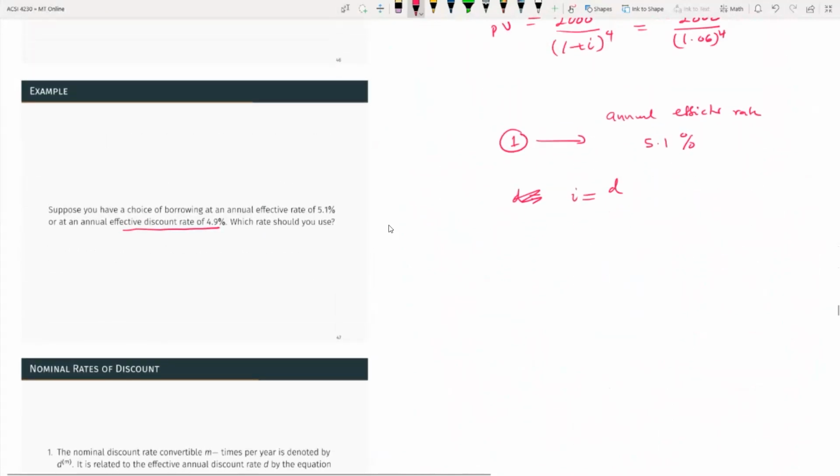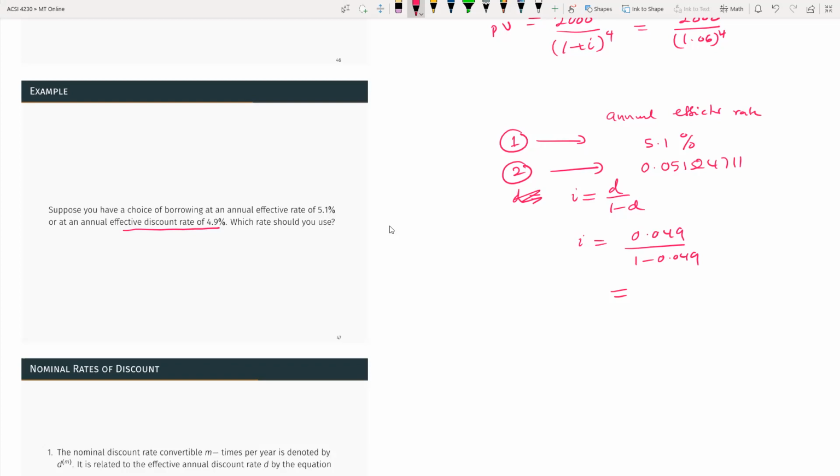So i equals d over 1 minus d, and d is given as 4.9%. For the second option, what's the effective rate? Using a calculator, you would get 0.0515. This is a decimal, so it's 5.152%.